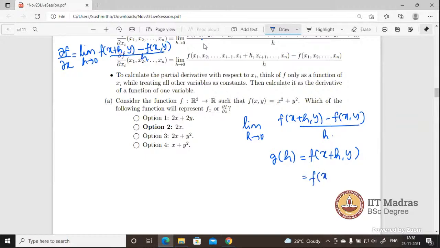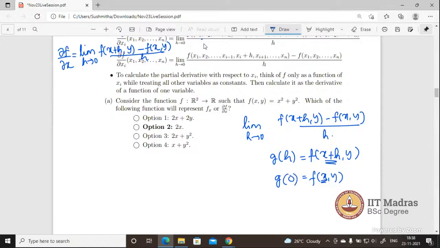So what is f of x comma y? g of h minus g of... No, here I have x plus h. Here I just have x. So what is the value of h? It's minus h, isn't it? No. Yeah. 0, right?